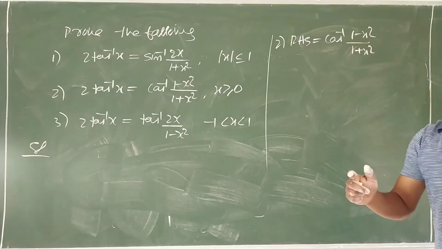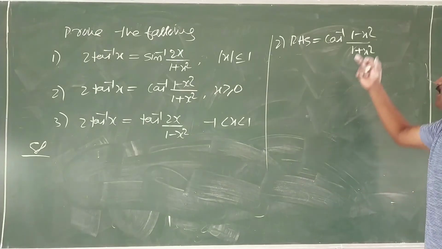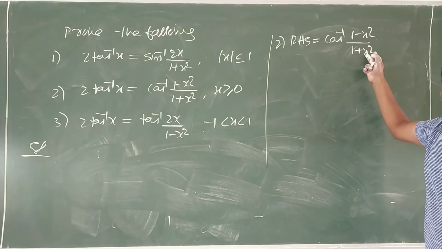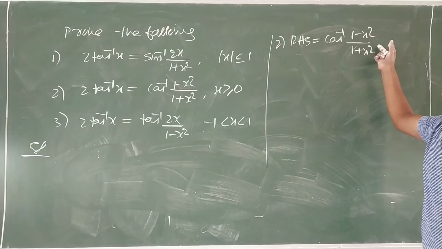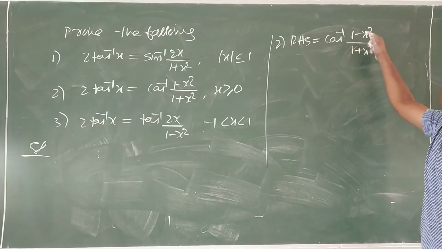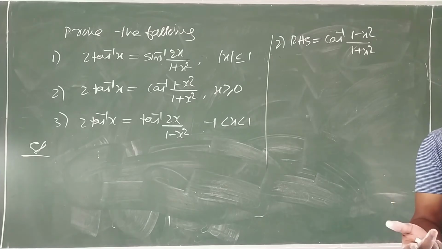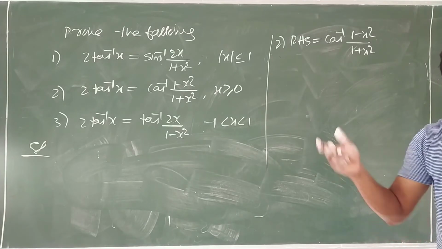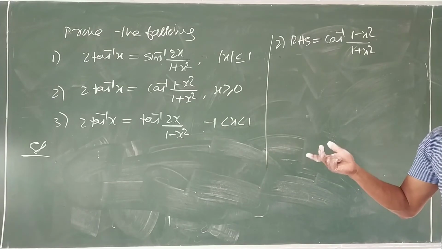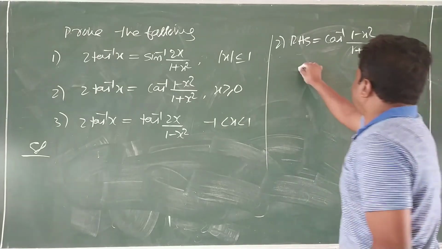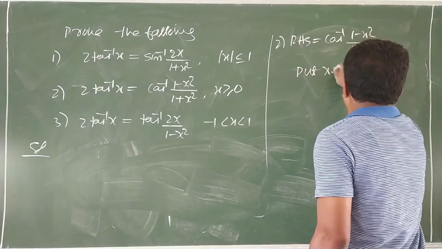The put must be tan theta only, because we have a formula: 1 minus tan square by 1 plus tan square theta means cos 2 theta. If I write cos 2 theta for this, cos inverse gets cancelled, which means it is getting simplified. Simplification is possible. Put x equals tan theta.